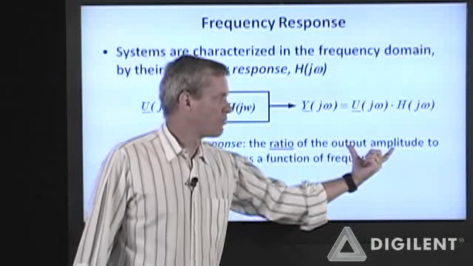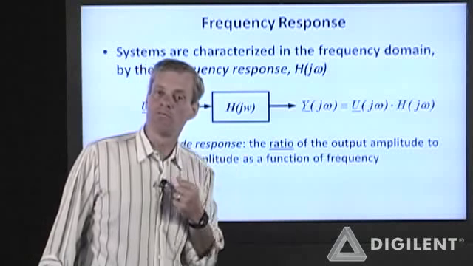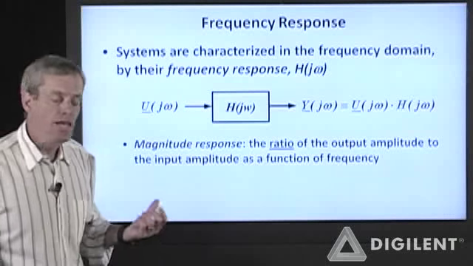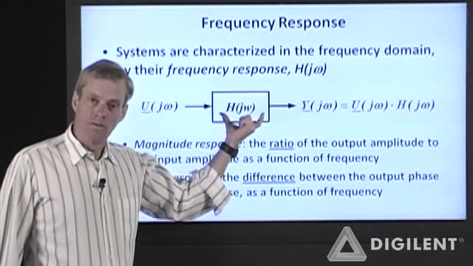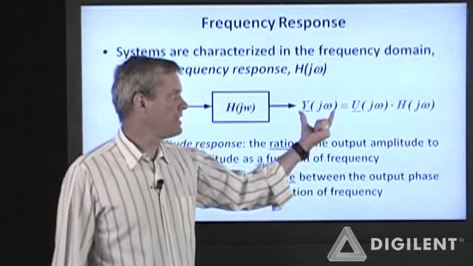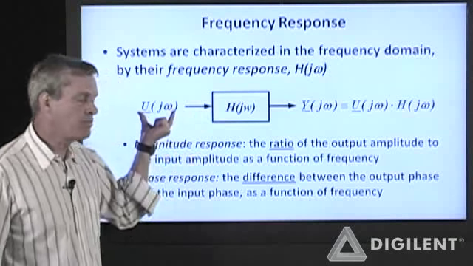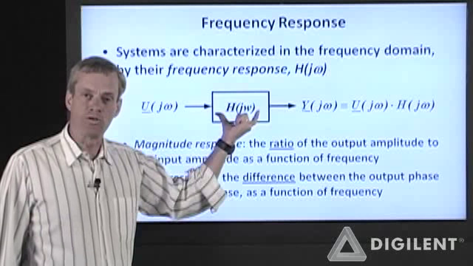That simply gives me the ratio of the output amplitude to the input amplitude as a function of frequency. The other thing we need is the phase. So the phase response is the phase of this complex number. That gives me the difference between the output phase and the input phase. It's the phase change as a function of frequency that's introduced by this system.